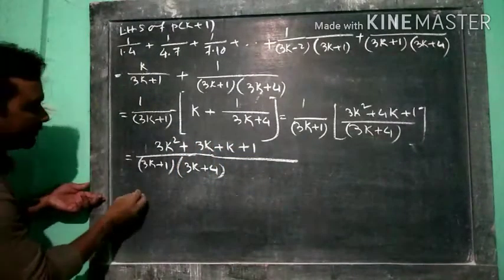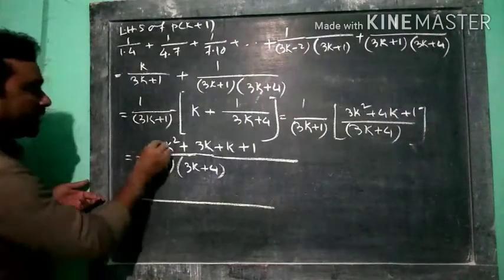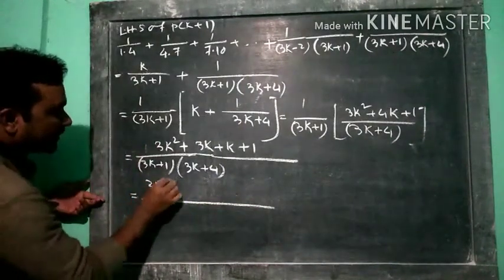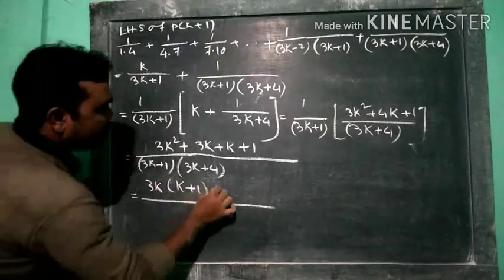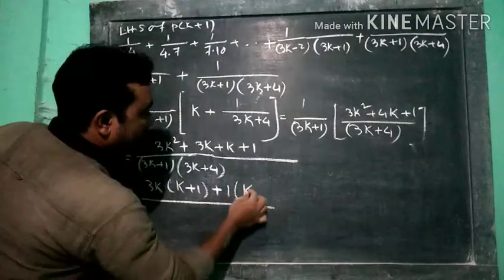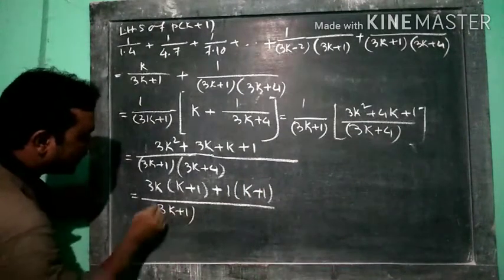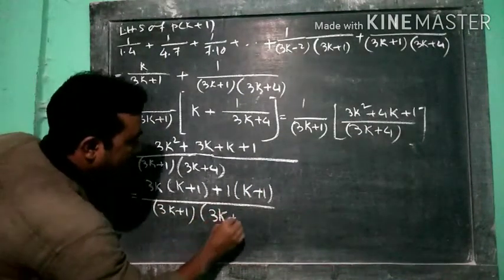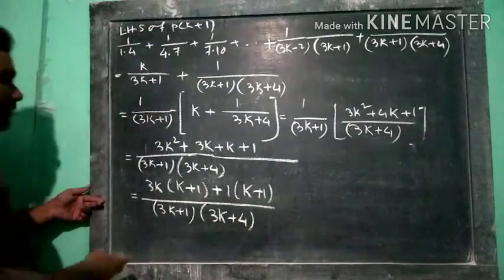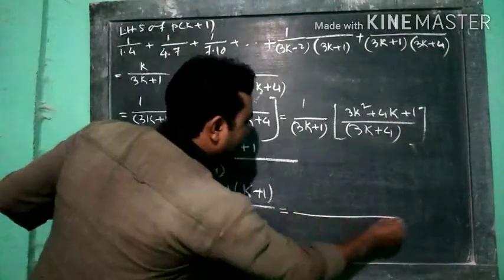So this is equal to taking 3k common, we get k plus 1, and here 1 is common, then we get k plus 1, divided by 3k plus 1 whole into 3k plus 4.